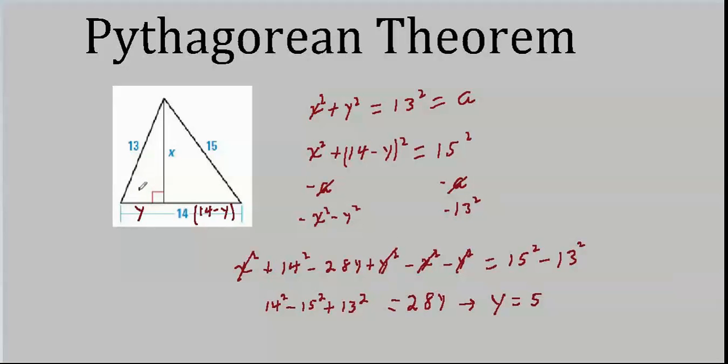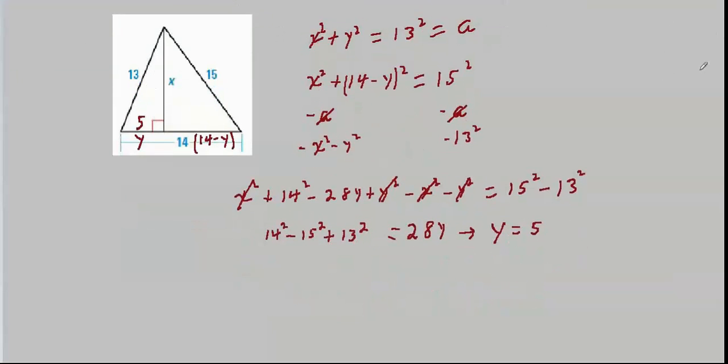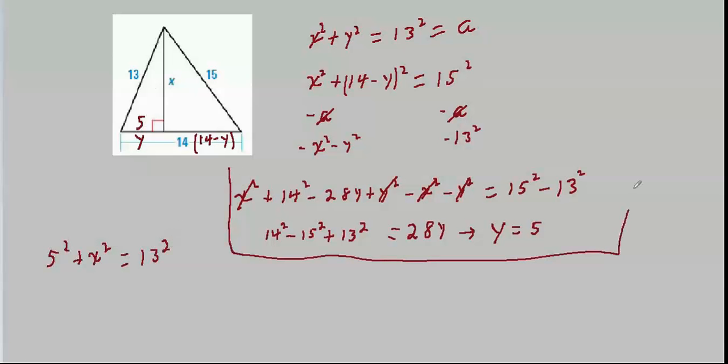So we're going to put that in over here. We wanted to solve for x. Well, now we can do that pretty easy. Let's just give ourselves a little bit more room here, and we're almost done. We have that 5 squared plus x squared equals 13 squared. Let's write it out. Okay, 5 squared plus x squared equals 13 squared. And let's not confuse any of this. This is where we found y.